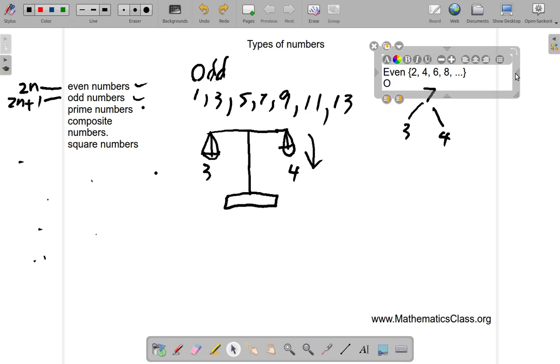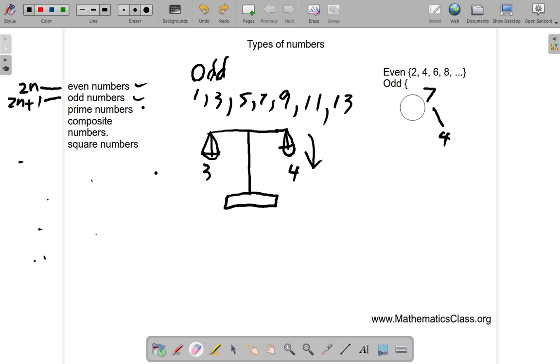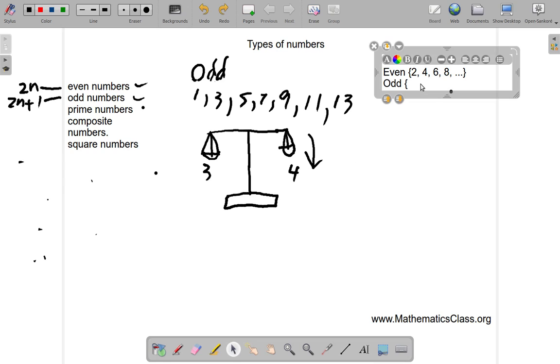With the odd ones, examples of the set of odd numbers are written using curly brackets, because you use that when you're writing down a set of numbers or anything else. So examples of the odd numbers will be 1, 3, 5, 7, 9, and so forth. Good.